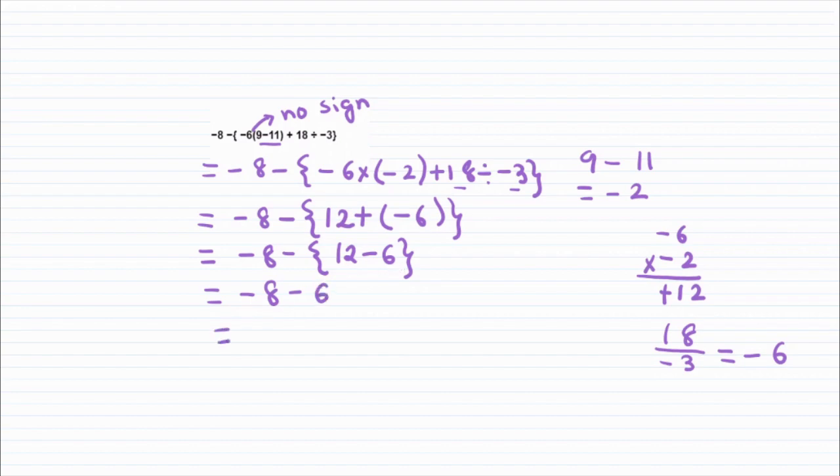Now I can see two negative integers are going to be added. Let's try this here. Negative 8 and negative 6. If I add them together, they are giving me negative 14. And now my operation is over. This is the final answer for this simplification.